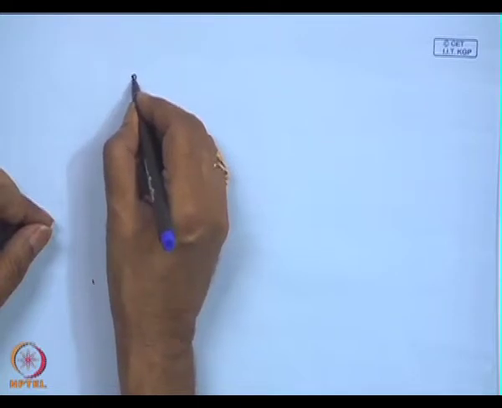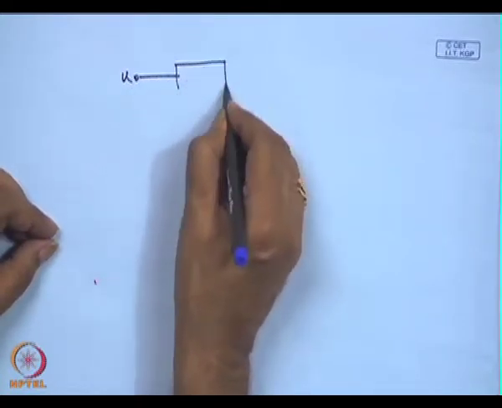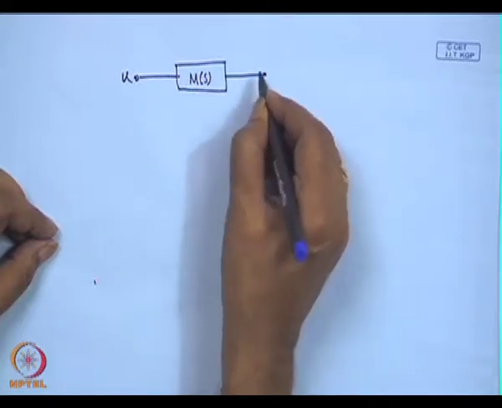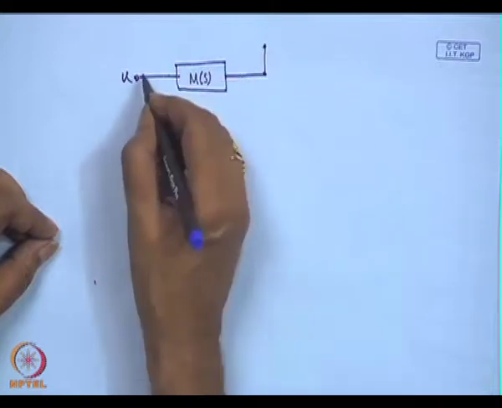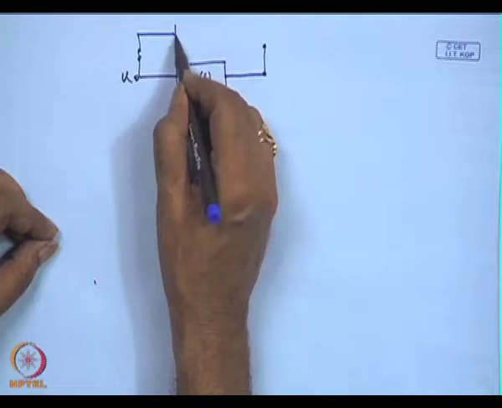This is our V and U, this is our M(s), and this is our delta M.